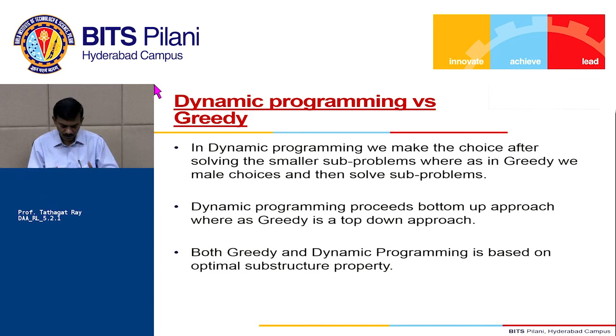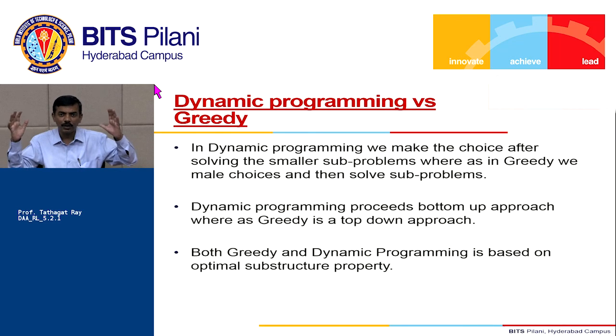You start with the smallest sub-problems, you solve them, and that gives you the best choices, and then you solve another layer of slightly larger sub-problems and so on. So you proceed from bottom to top. Whereas greedy is a top-down approach.